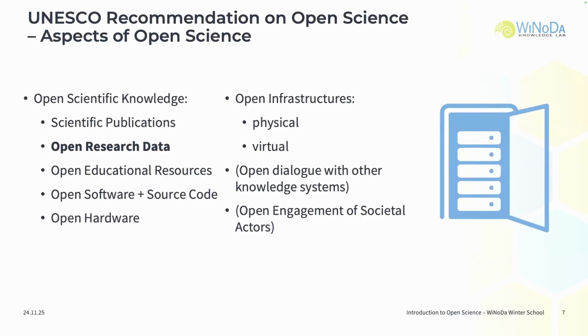And then the second aspect is the open infrastructures that sustain this open scientific knowledge, the physical and the virtual infrastructures. The fourth aspect is the open engagement of societal actors, open engagement, public engagement, or citizen science also. We have a working package in WiNoDa. I won't go into detail on this either.